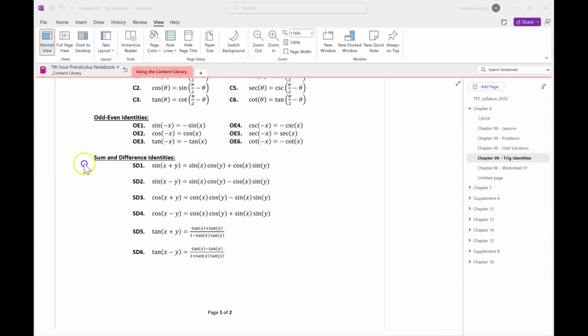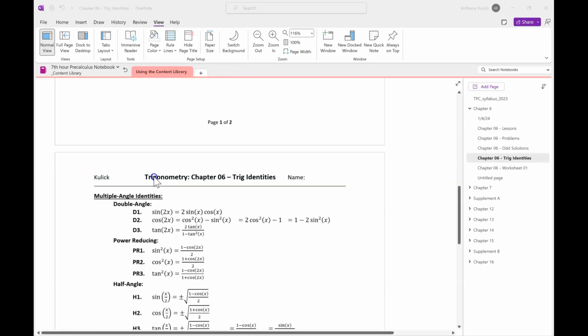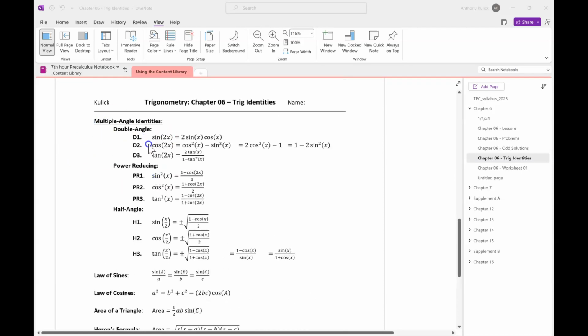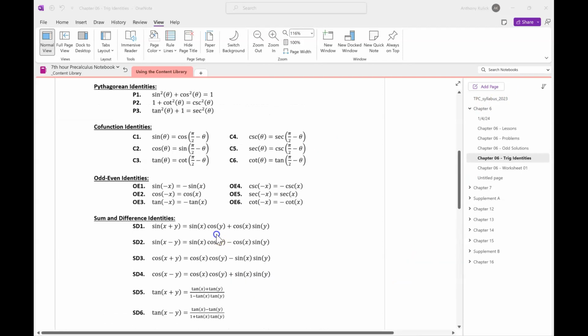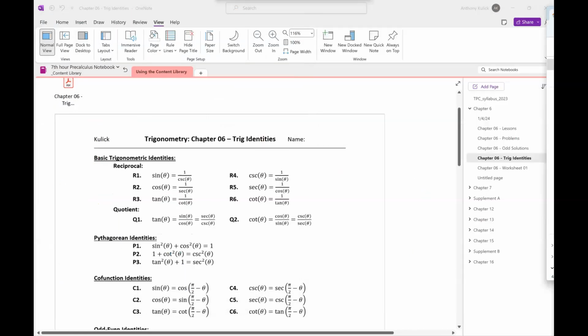We have these sum difference identities. We have double angle, power reducing, and half angle identities. So that's going to be what we're going to be talking about in Chapter 6.